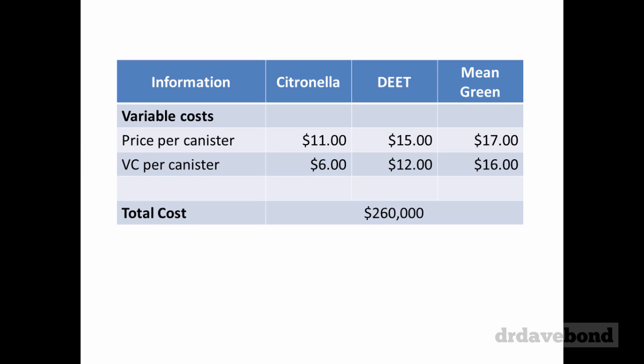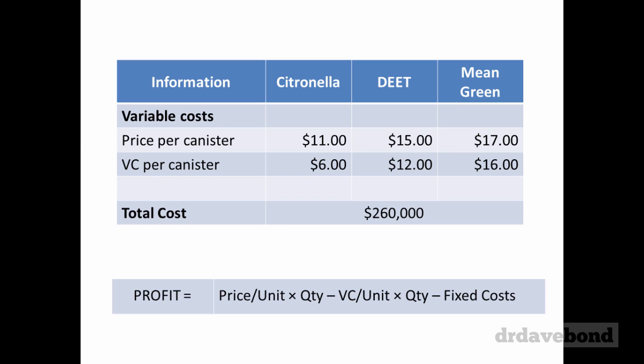So when we look at this, we have three products: Citronella, DEET, and Mean Green. We have a price per canister, so the price per unit, of $11, $15, and $17. We have variable cost per canister of $6, $12, and $16, and with a total fixed cost of $260,000.